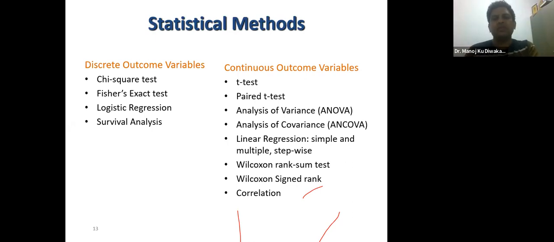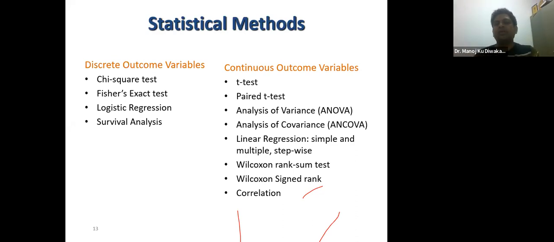The paired t-test means the same patients are assessed at two different time intervals. For example, you look at the temperature of the patients, then you give the medications, and again assess the same patients. Okay, so this is the paired t-test.